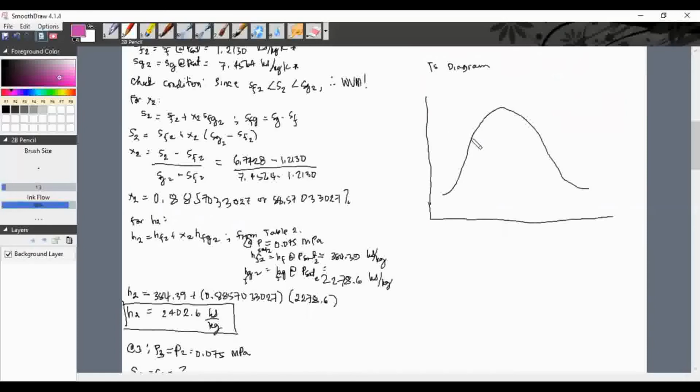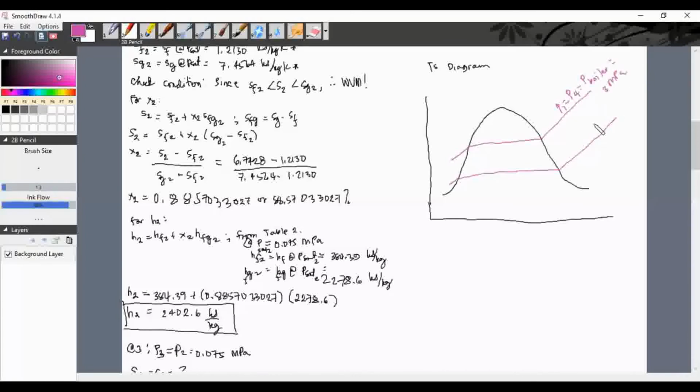Dalawa. Okay. So, ito yung isobar natin. So, this is pressure for the higher one, P1 is equal to P4. That is yung pressure din na actually ng boiler, no? Kalimutan ko sabihin, that is 3 megapascals.